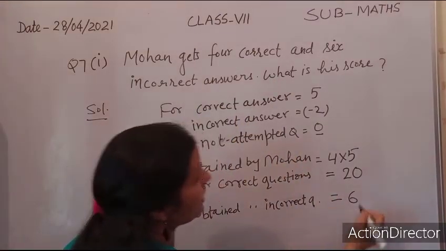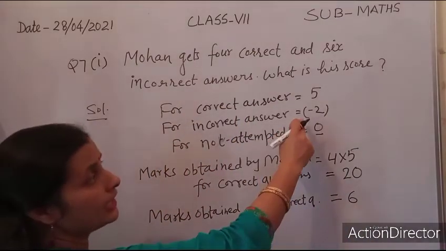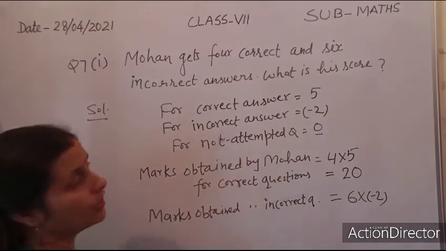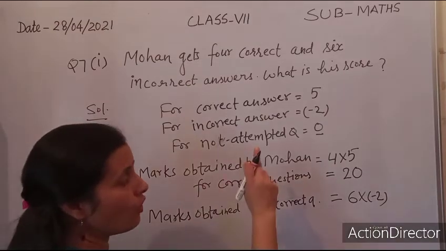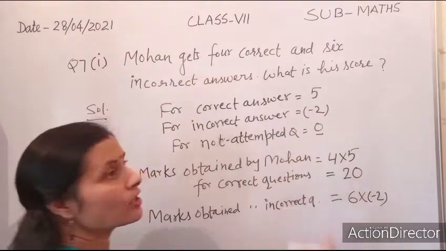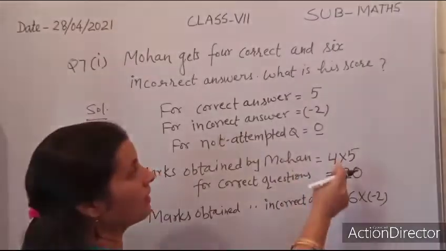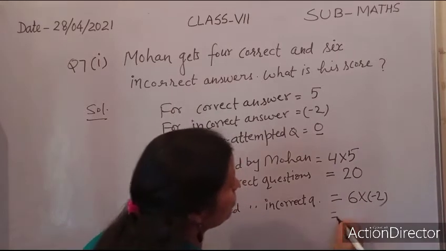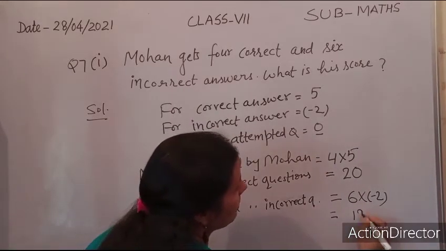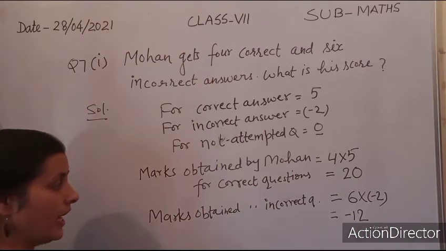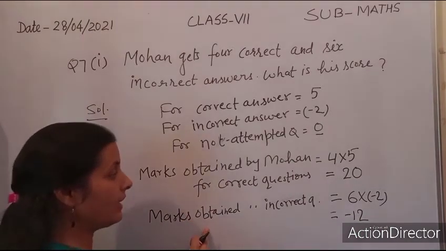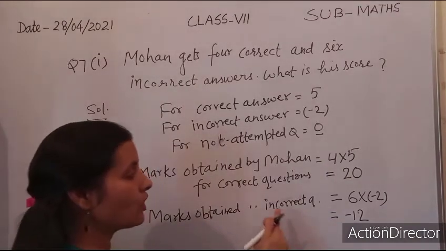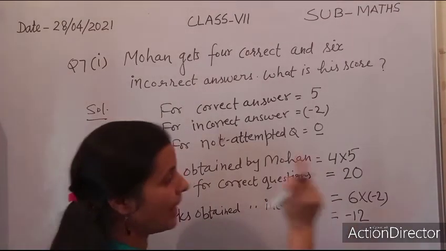For each incorrect question, minus 2 marks are deducted. So 6 twos are 12, and the sign will be minus 12. It means for his incorrect questions, he has got minus 12 marks.